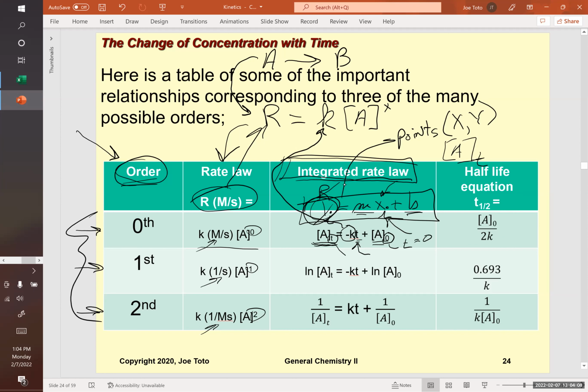So again, once you know how a reaction behaves, whether it's 0th, 1st, or 2nd order, then you know how the concentration of that reactant is going to evolve in time.